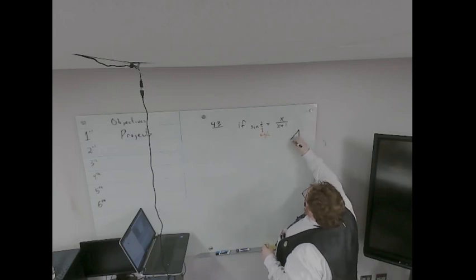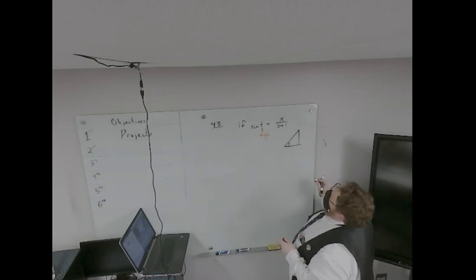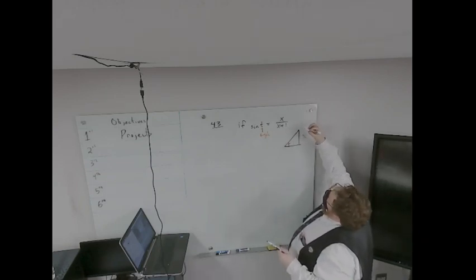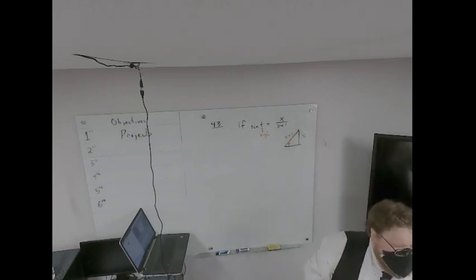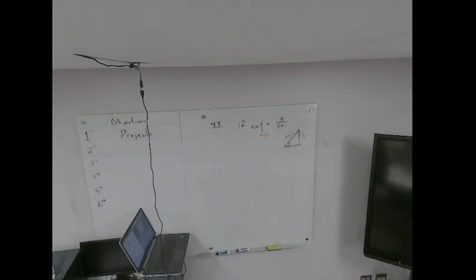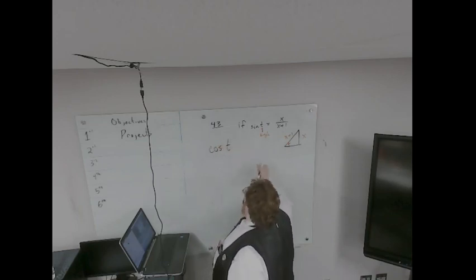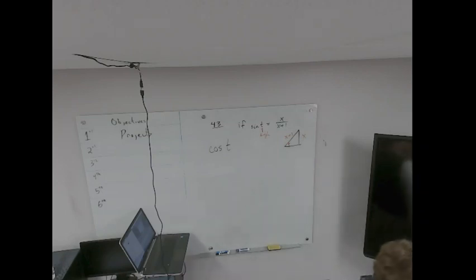It says sine of t is equal to x, which is the opposite, over the hypotenuse, x plus 1. So we have the following system set up. The reason this is really important is because 43 asks us to do something very specific. It says, what is cosine of t? Well, in this picture, cosine of t would just be adjacent over hypotenuse.